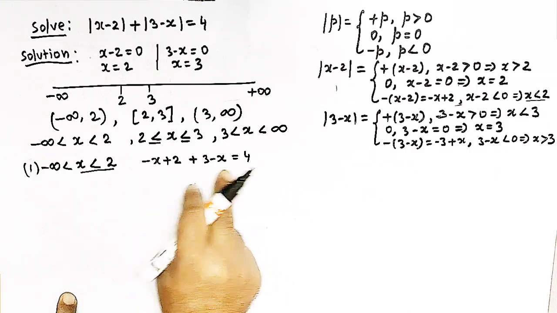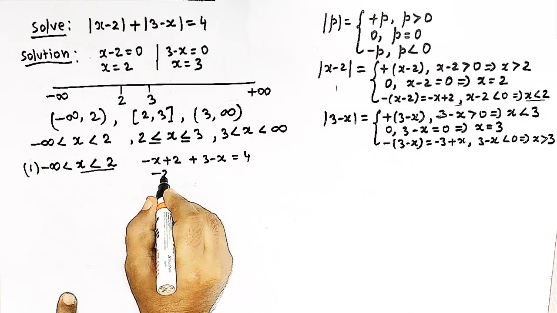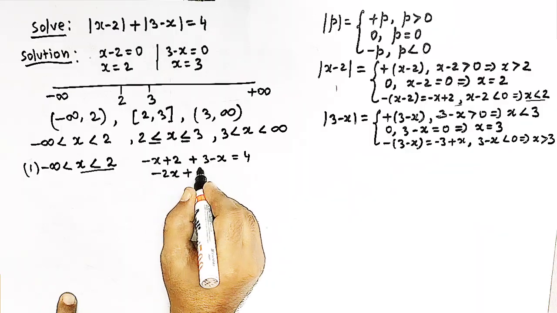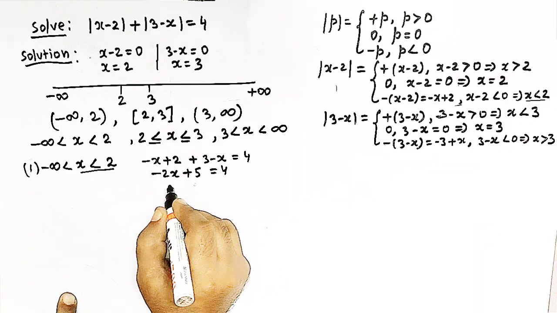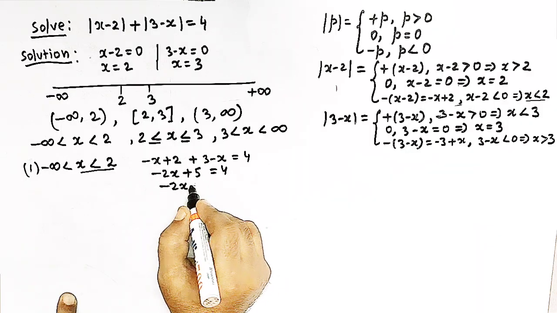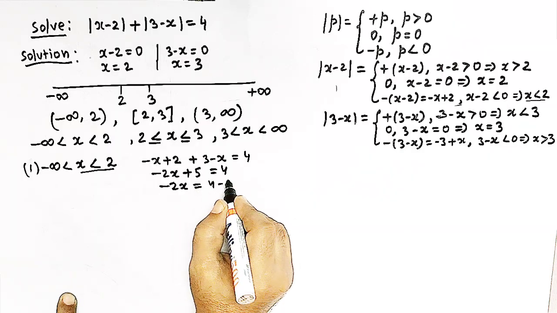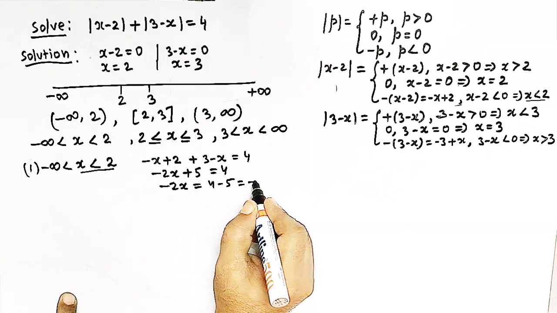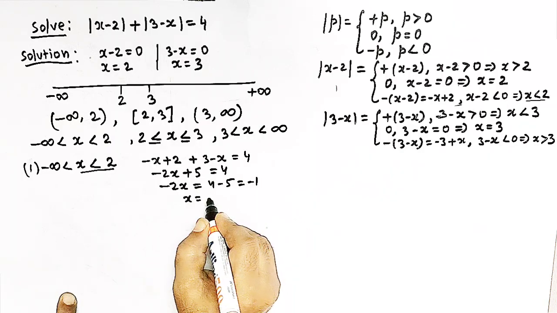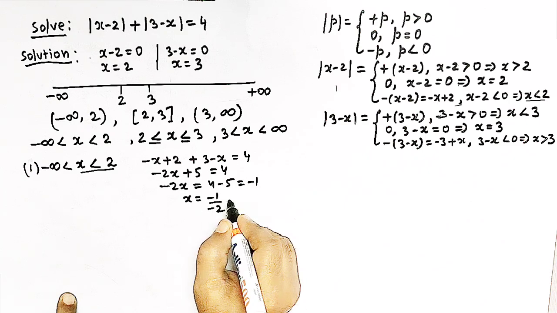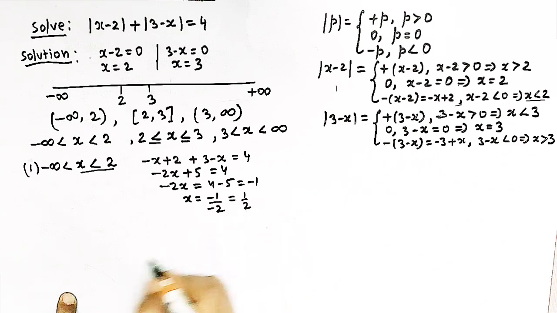So now we have this linear equation. So we have minus 2x, here we have 5, here we have 4, and we can now write minus 2x is equal to 4 minus 5, that is equal to minus 1. So x is minus 1 over minus 2, that is 1 over 2.